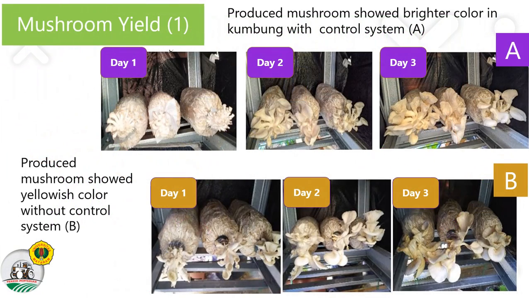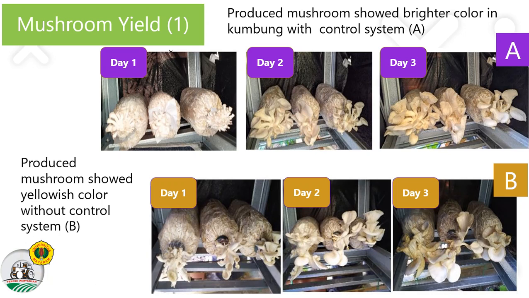This is the mushroom yield. We can see that in the kumbung with control systems, the produced mushrooms are brighter in color, while without control systems, the mushrooms show a yellowish color.